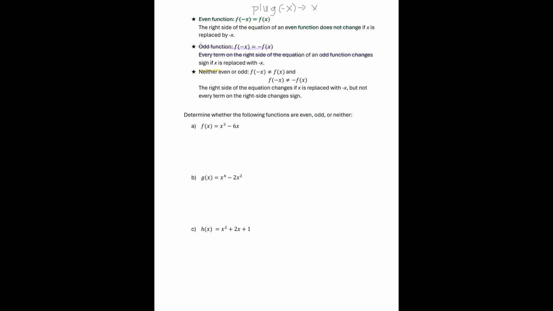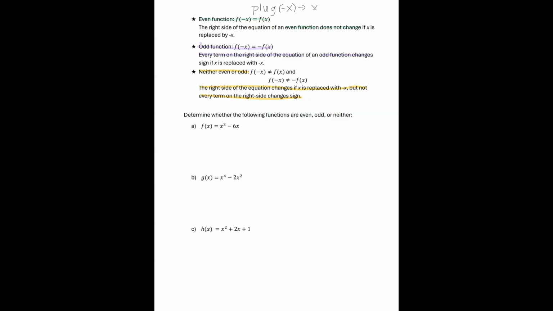Neither even nor odd: we plug the negative x in for our x, and some things change, right? The right side of the equation changes, but not every term changes. So some will change, but not all will change. That's what we have to look for when we're checking if it's even, odd, or neither.